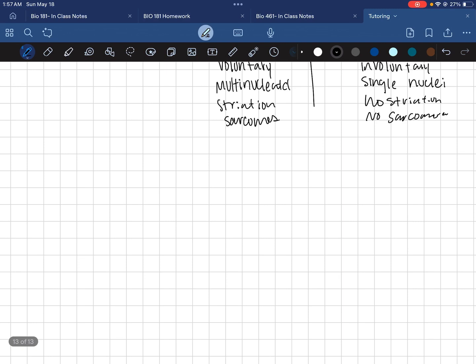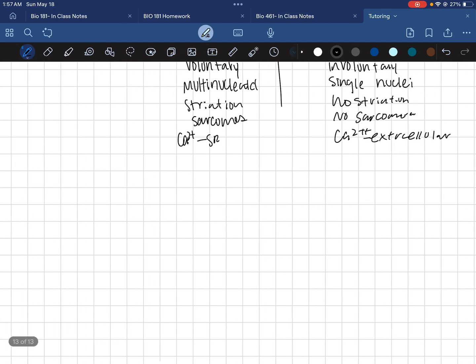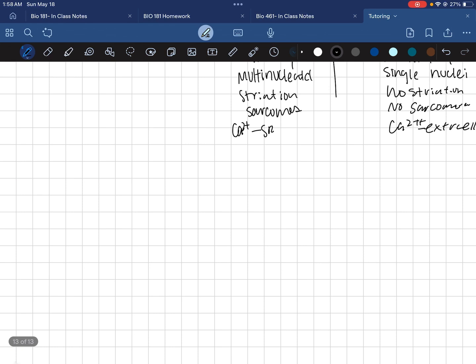And then calcium. Calcium here comes from the sarcoplasmic reticulum, and calcium here comes from extracellular sources. And then the proteins that are used for skeletal muscle would be troponin.